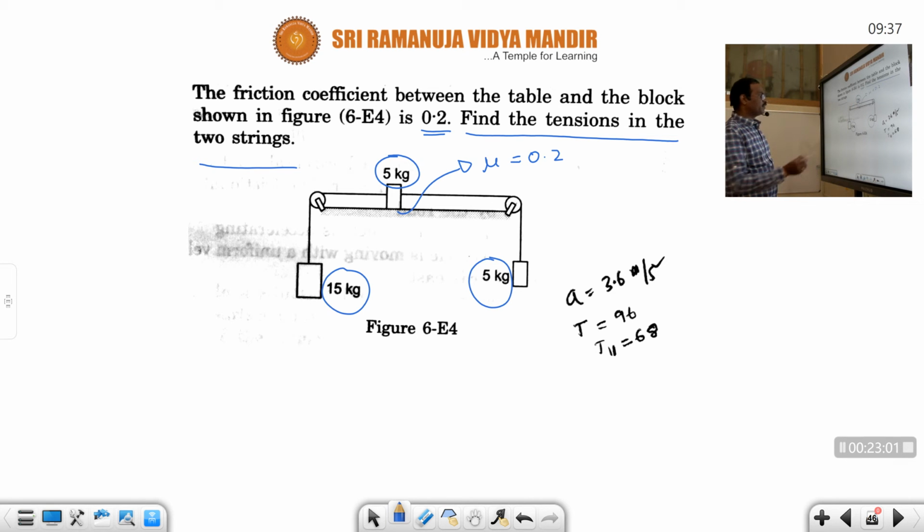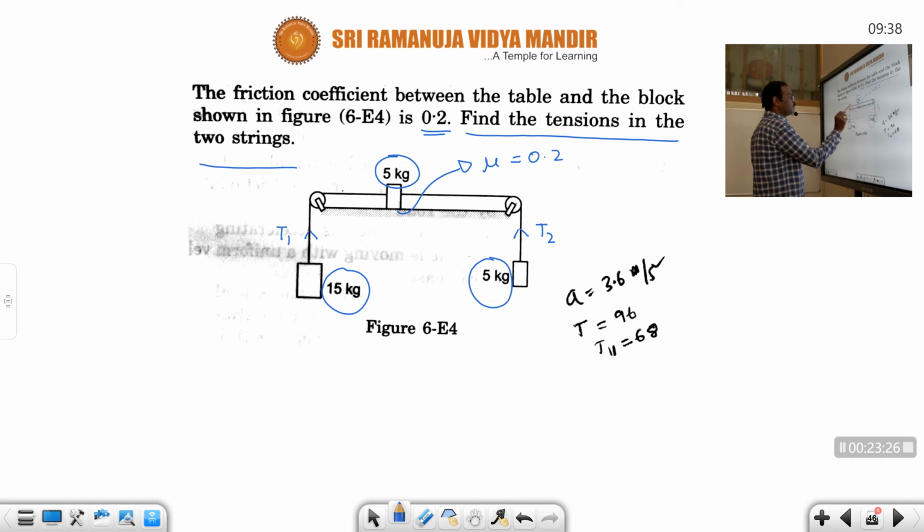Obviously we can expect the 15 kg block to go down with an acceleration, and simultaneously with the same acceleration the 5 kg and 5 kg blocks will move. So in this string the tension will be T1, and in the second string the tension will be T2.